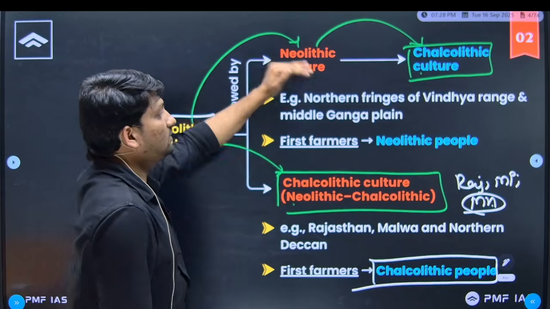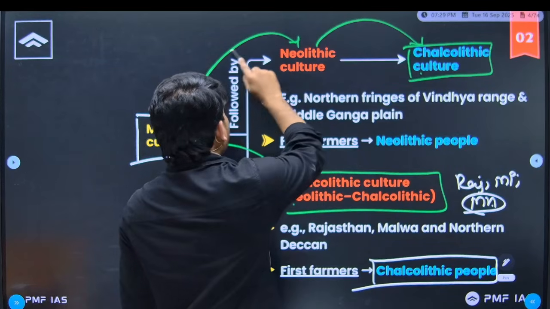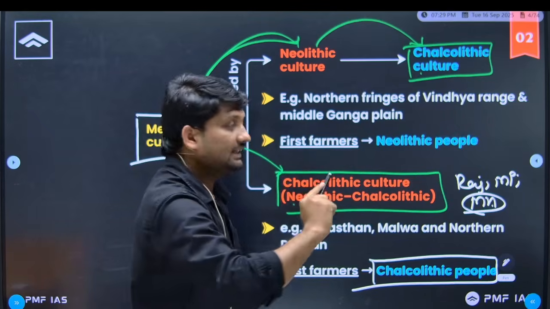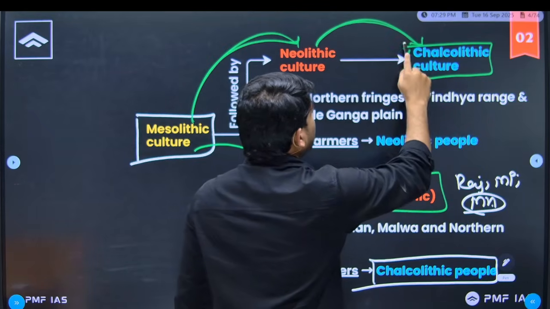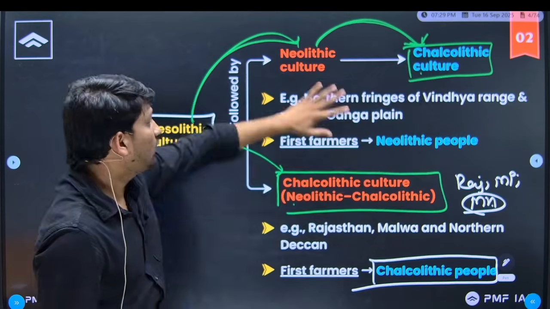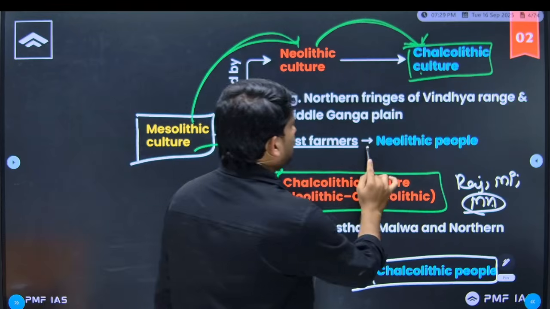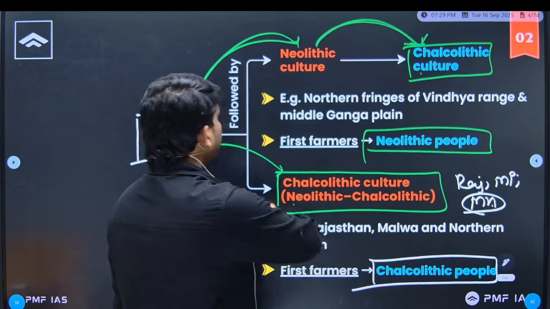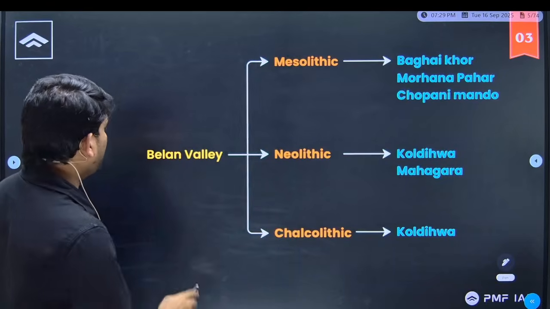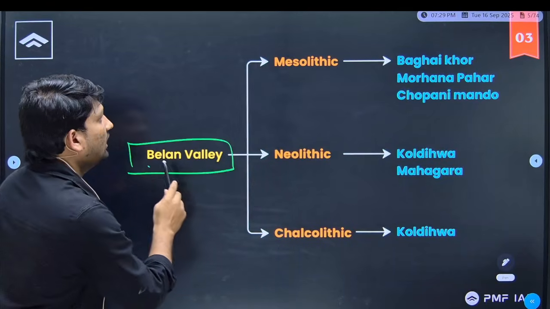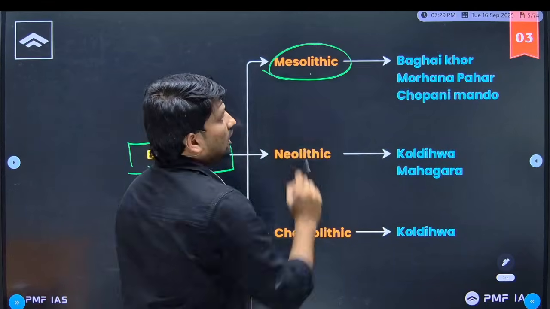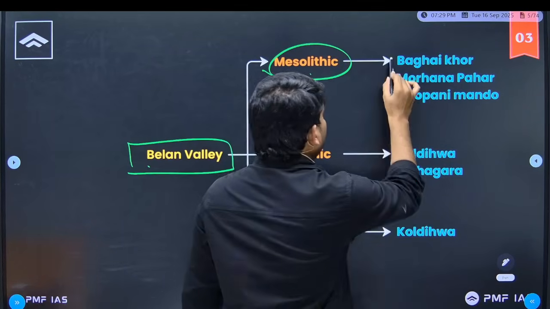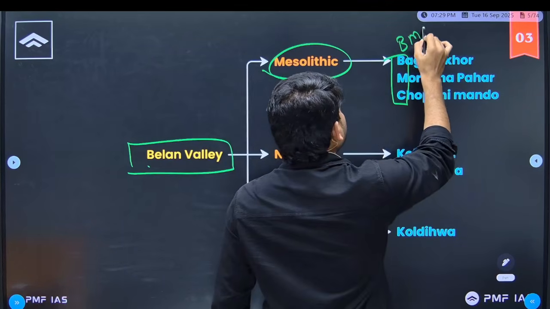If you consider this Belan Valley, first it shows this Neolithic culture, then they started using this copper, and it shows this Chalcolithic culture. So the first farmers here are Neolithic people. I have given you the example of this Belan Valley. In the Mesolithic period, we have three important sites, which are this BMC.